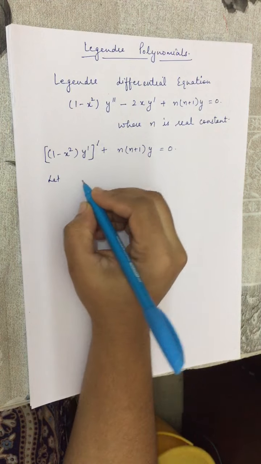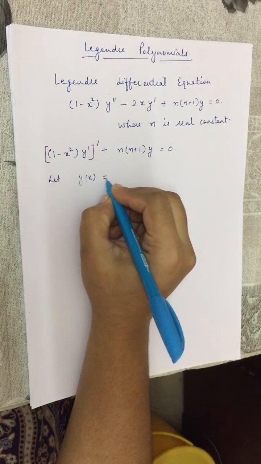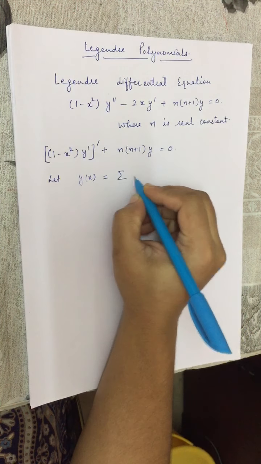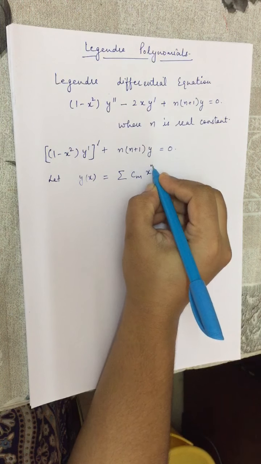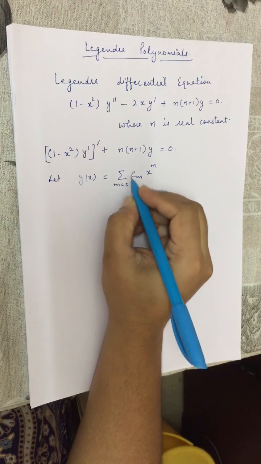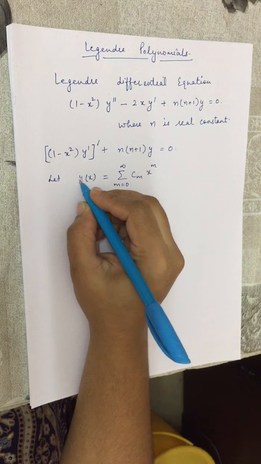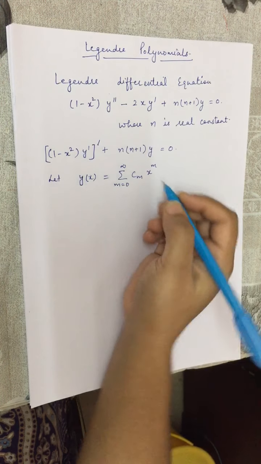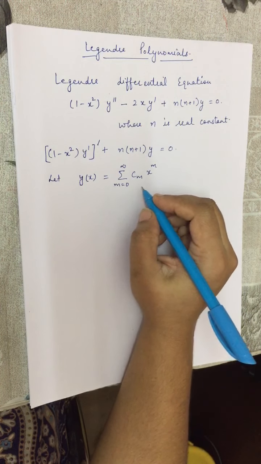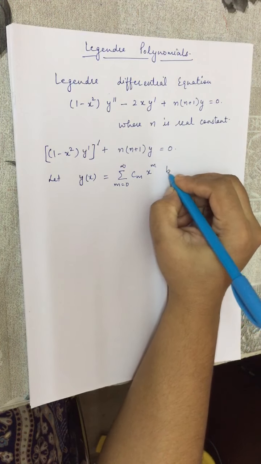let y(x) be the summation c_m x^m, m varying from 0 to infinity. This is the power series solution of the equation about x is equal to 0.